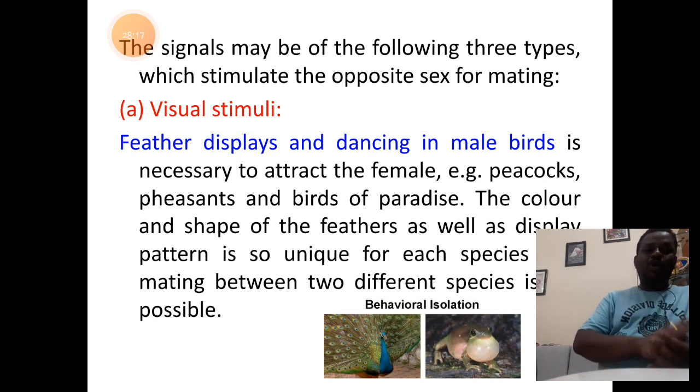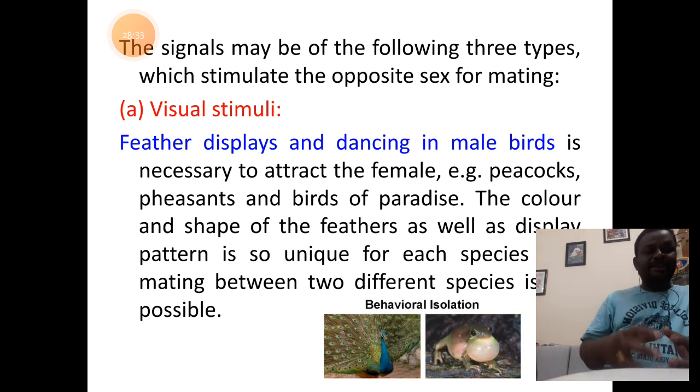There are three types of signals used in the courtship behavior by organisms. Number one, visual stimulus.